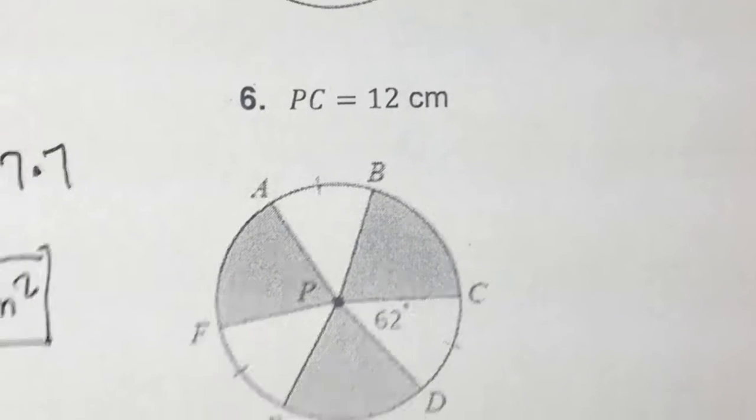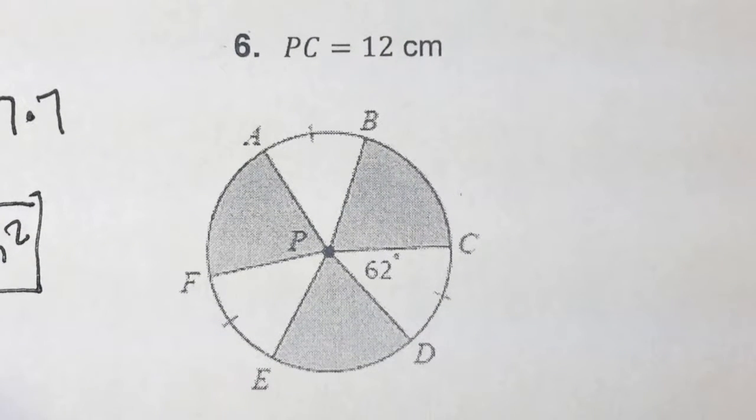Alright, CJ, number 6. Give me some strategy. How are you going to solve this? There are no vertical angles in here. 62 plus 62. How do we know which is shaded? Oh, okay, you've got the white one. I need them to know.